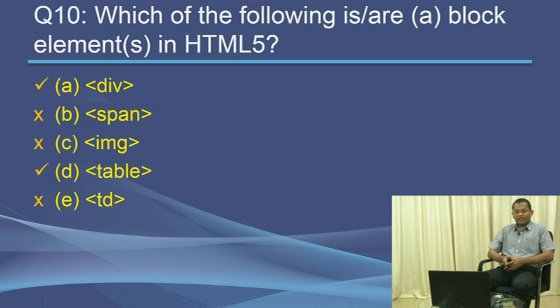If you look at image, image is also inline, it does not create a new line or a new paragraph or a new section, nothing like that. It just embeds an image, and image is not actually a block element.